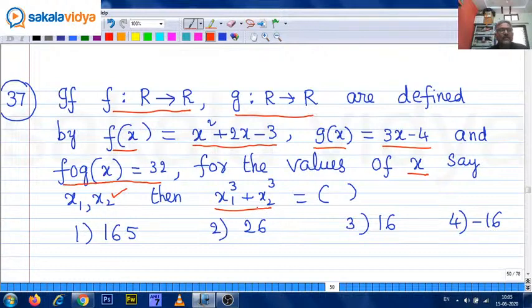So first we need to find f of g of x, which is equated to 32. Then x1 comma x2 are the roots of that equation. We may get a quadratic equation. If x1 and x2 are the roots of a quadratic equation, we can easily find x1 cube plus x2 cube. So this will be the strategy we need to apply.